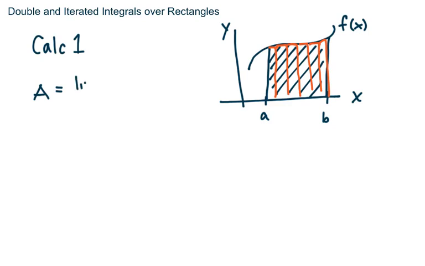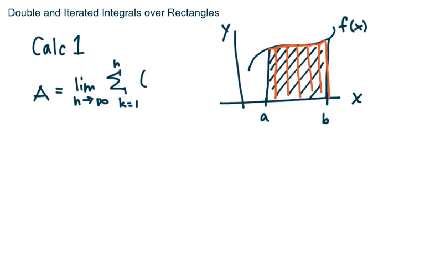Well, we said we're going to look at the limit as n approaches infinity of the sum from k equals 1 to some nth value of f of x sub k times some delta x sub k.